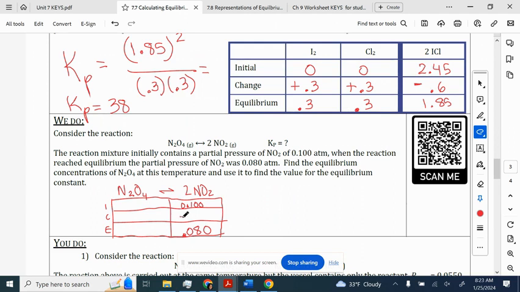So how much did I lose here? 0.02. So how much did I gain over here? 0.01. Because this is in a 1 to 2 ratio. So at equilibrium, this guy is going to be 0.01.